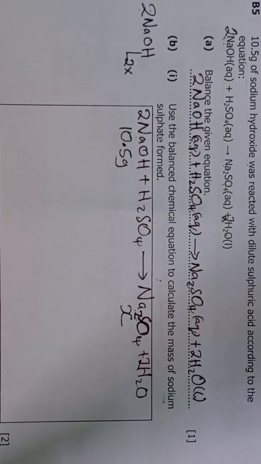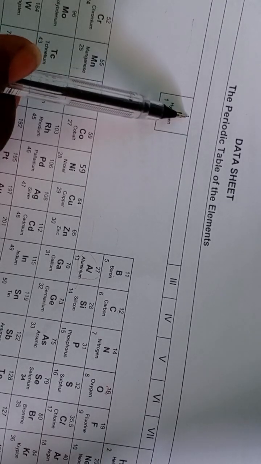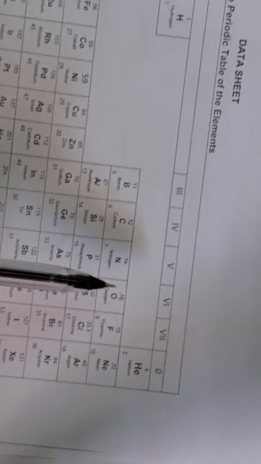So how do we take the mass number? The mass of hydrogen is 1. The mass of oxygen is 16. The mass of sodium is 23.